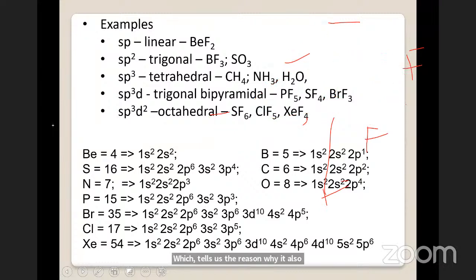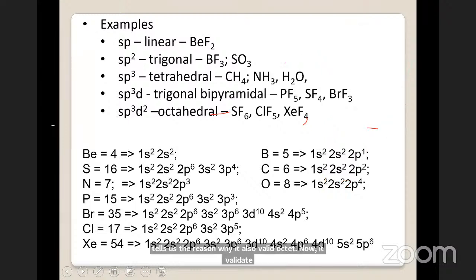It violates octet because it is in a position very close to the 3d orbital. That cannot happen in the first full row of the periodic table, but it can happen in the second full row of the periodic table.